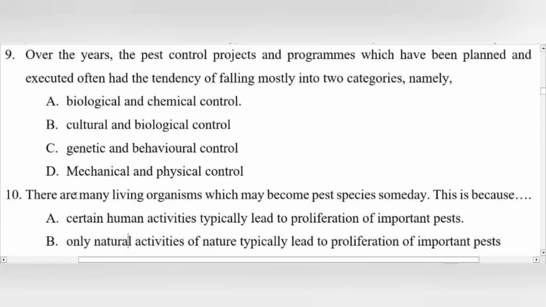Then, question number 9. Over the years, the pest control projects and programs which have been planned and executed often had the tendency of falling mostly into two categories, namely: option A, biological and chemical control; B, cultural and biological control; C, genetic and behavioral control; D, mechanical and physical control.